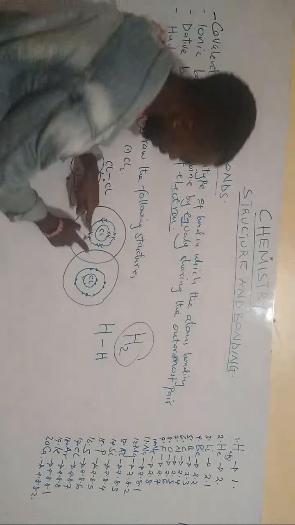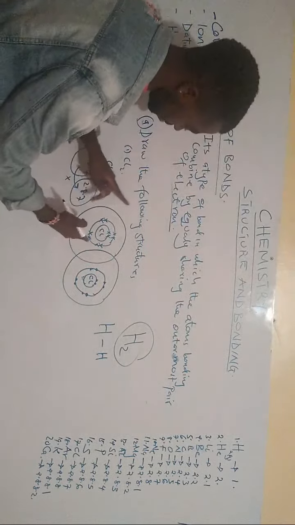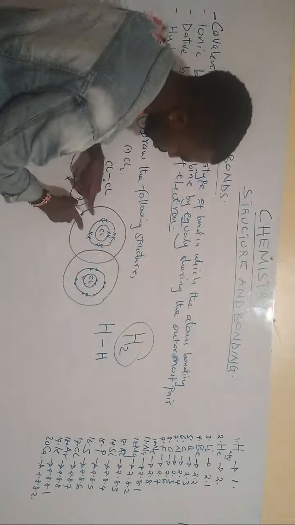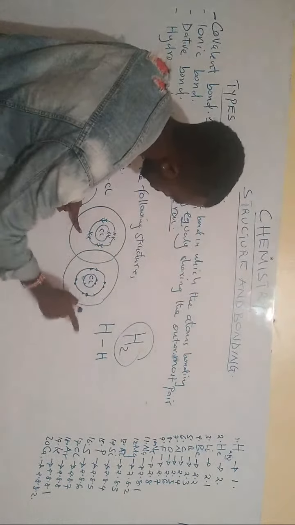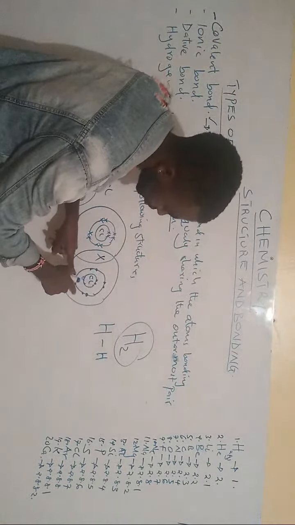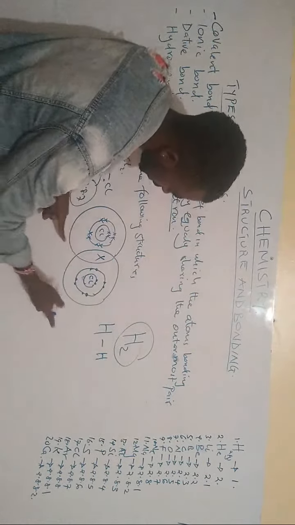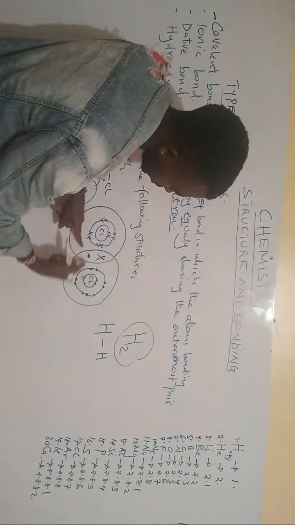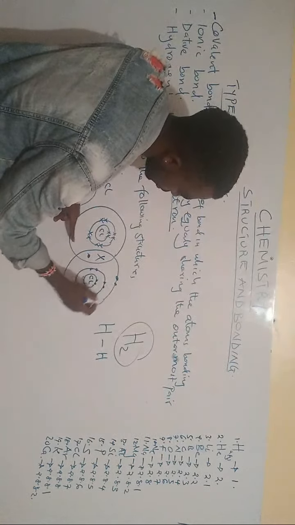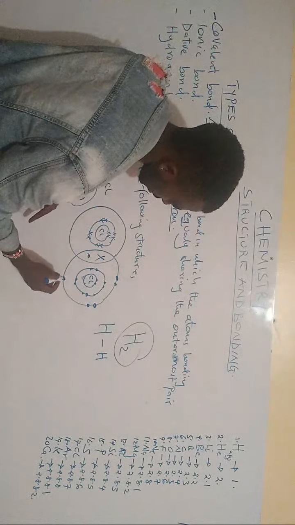What you do here is, for the outermost energy level, the electrons of this atom are represented by crosses, so you give this one 1 cross. The electrons of the other atom are represented by dots, so you give this one 1 dot. Then you complete the outermost energy level: 1, 2, 3, 4, 5, 6, 7, 8.